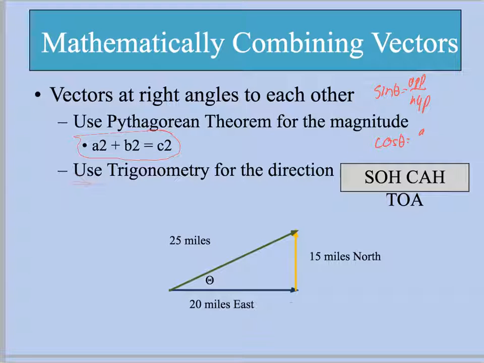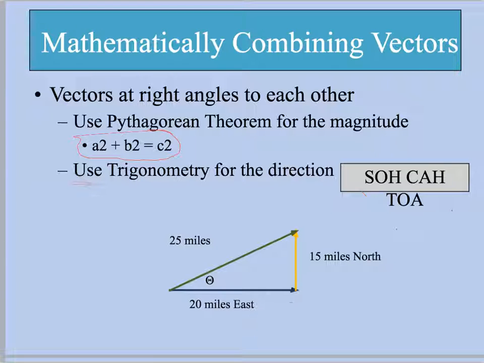Cosine is adjacent over hypotenuse, and TOA is tangent, and that's opposite over adjacent. And this is just a mnemonic device that you've probably heard before about how to keep track of the order in which you solve for any of the trig functions.